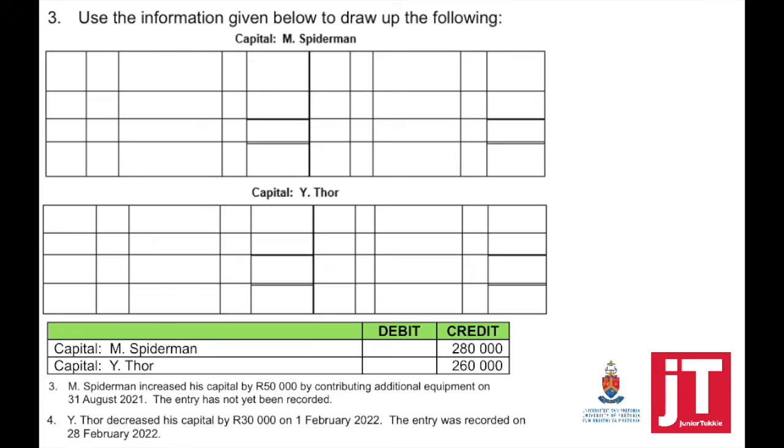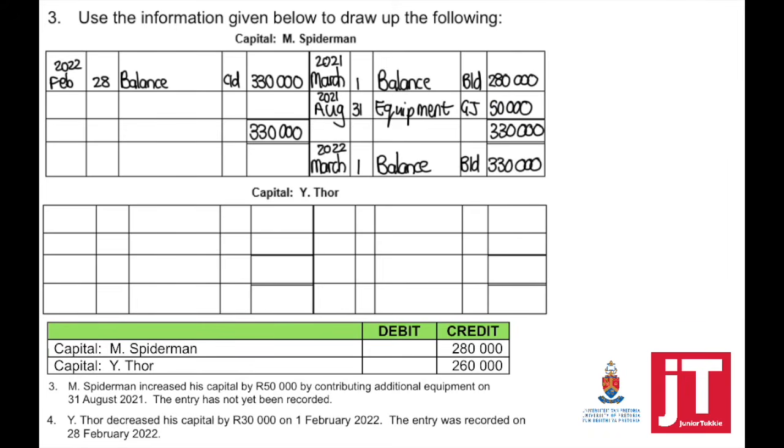If we look at Spider-Man and start with the movement, there was additional equipment contributed. Because this has not yet been recorded, the balance from the pre-adjustment is the balance in the beginning, and you have to calculate the end balance.